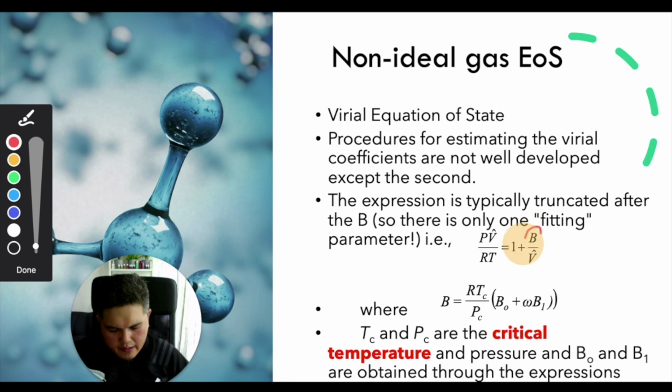Where B here, you can further calculate using this equation, RTC divided by PC. And TC and PC are the critical temperature and pressure, and the terms B0 and B1 are considered as another expression which will be given in the next slide.